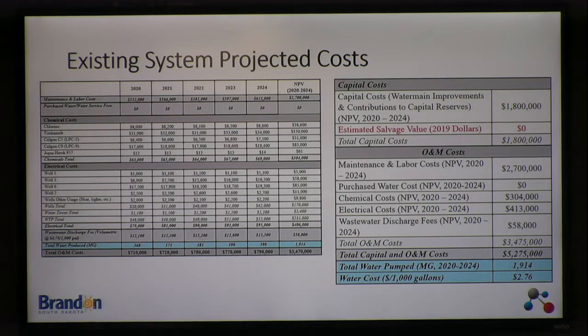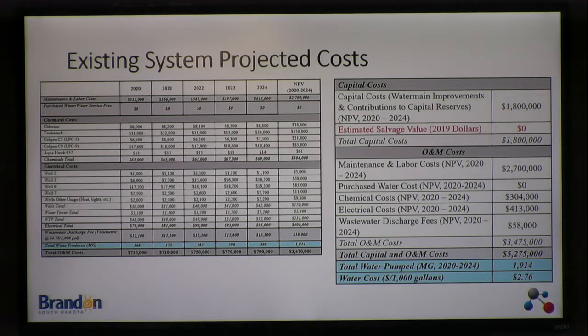And the sum of all 5 years of operating costs are in the right-hand column. And on the right-hand box, we see the capital costs, and there's some assumptions made here for continuous improvement of the existing system as a capital cost. And then O&M costs are simply transferred from this table to come up with a total capital and O&M cost accumulative over the next 5 years.